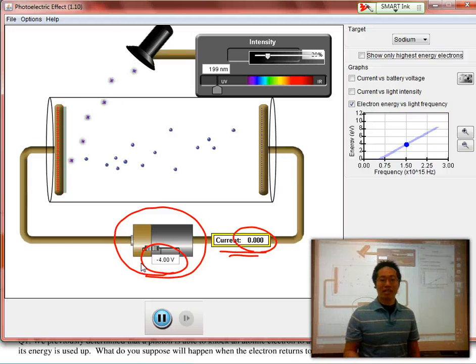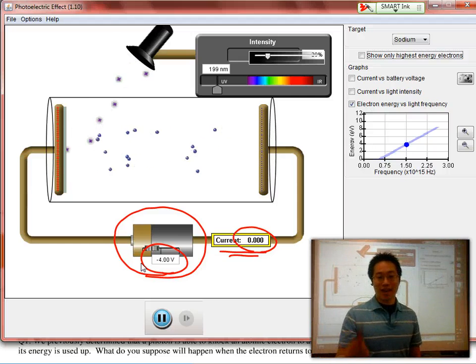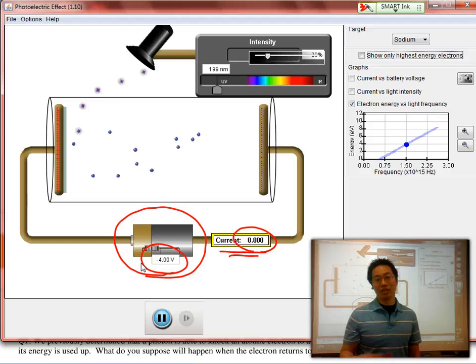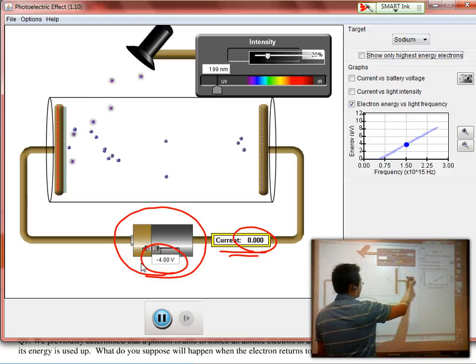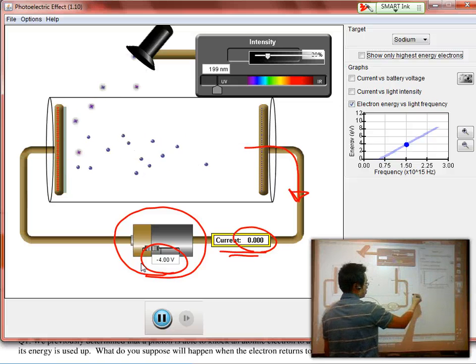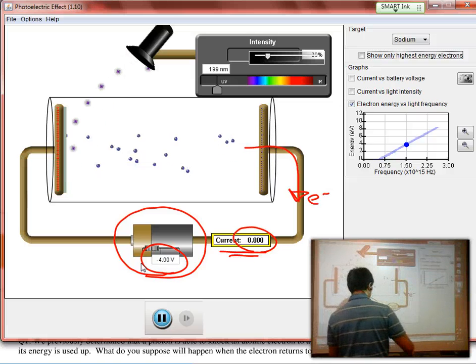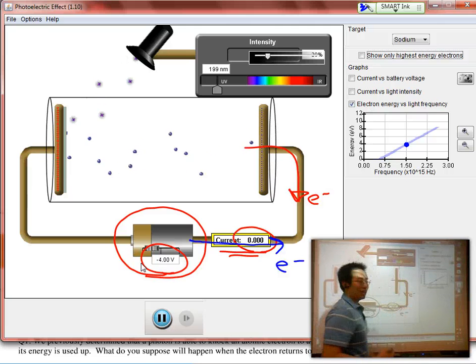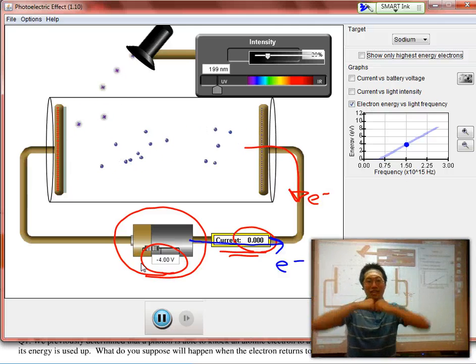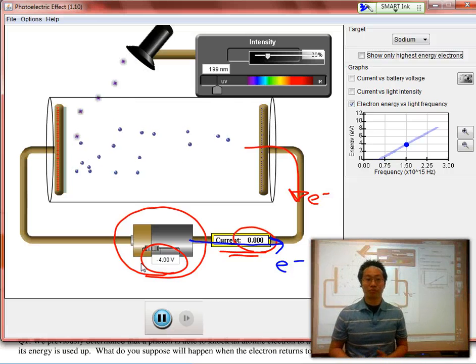In other words, that battery stopped all electrons from coming through. Even though there was a photoelectric push for the electrons to go one way, the battery itself is pushing with its own electrons the other way, and the two collide and eventually cancel out.